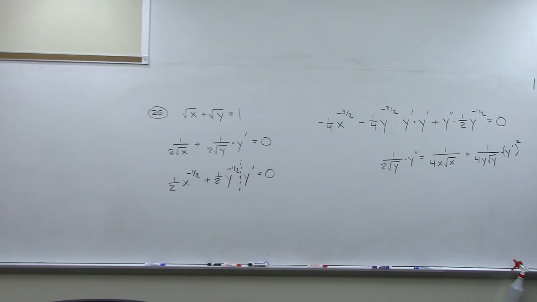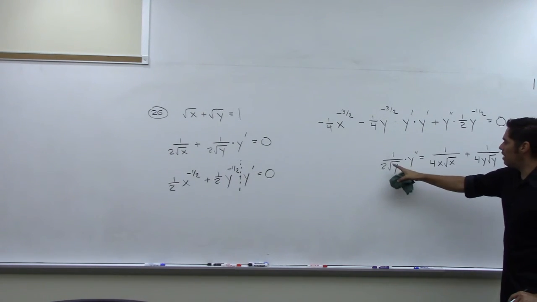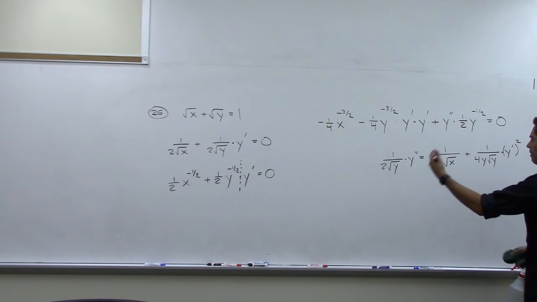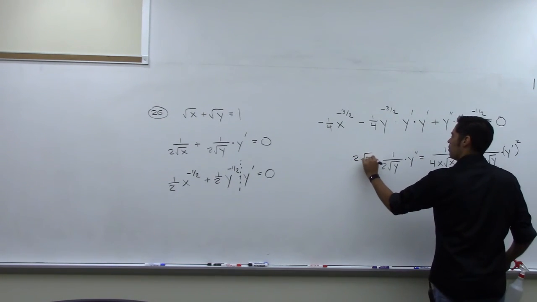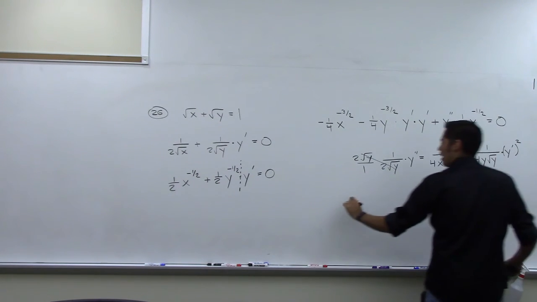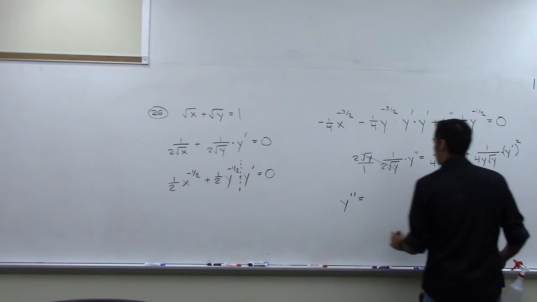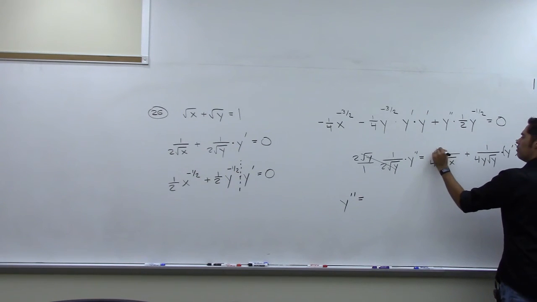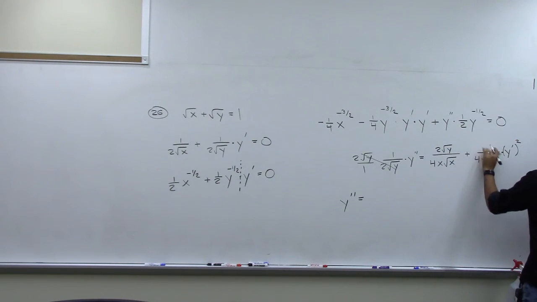Wow. Okay. Let's try and get y double prime by itself. Let's multiply both sides by 2 root y, top on the top here, 2 root y over 1. Same thing over here. So when I do it here, it goes away. I have y double prime equals. Now I'm multiplying this one by 2 root y and this one by 2 root y.